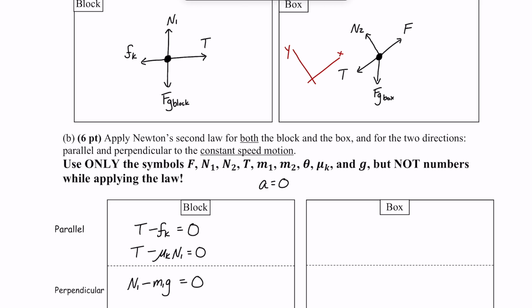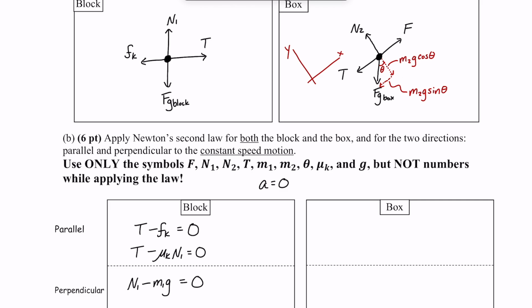Doing this, we can then decompose our force due to gravity into components, where this angle is going to be theta, this side is going to be mg cosine of theta, and this side will be mg sine theta.